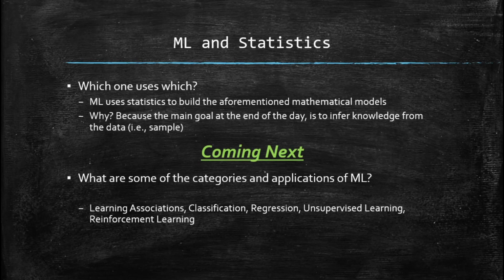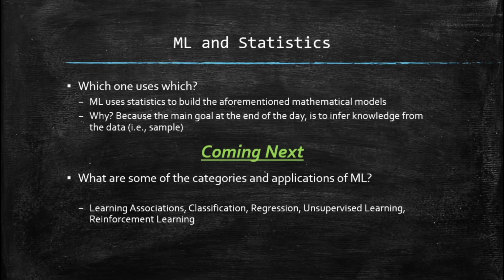Remember I told you that we will evaluate it and we will make it better and better, and we change the parameters to make F as close as possible to the true process G, right? So it's a mathematical model. Why? Because the main goal at the end of the day is to infer knowledge from the data, or as statisticians like to call it, from the sample. They call the data the sample, right? So that is the goal at the end of the day.